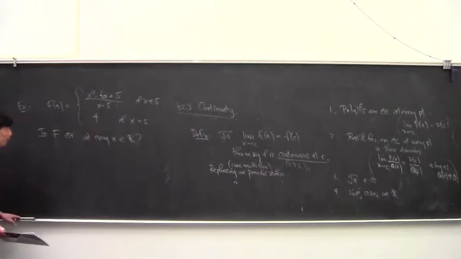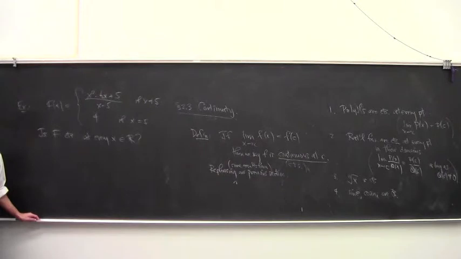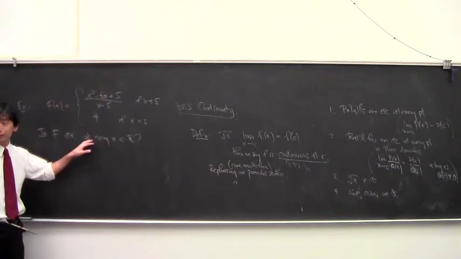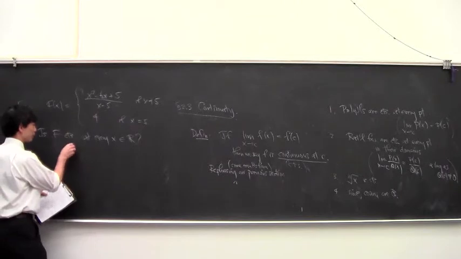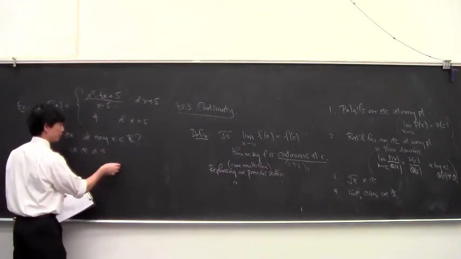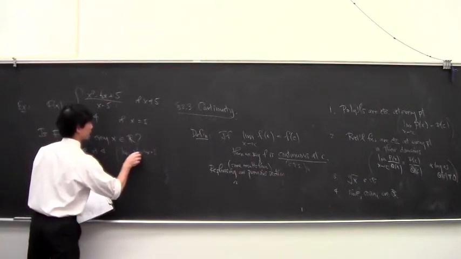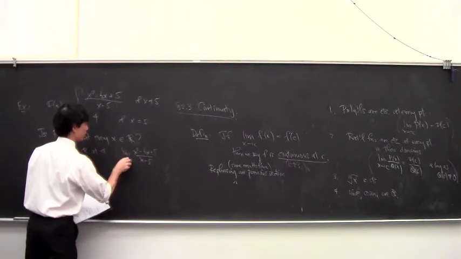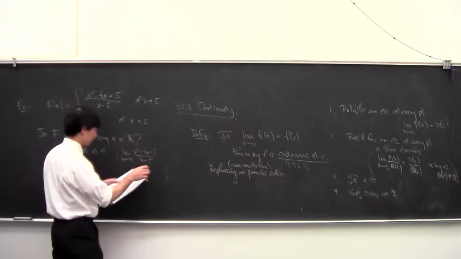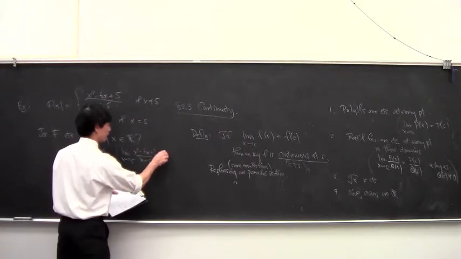Okay, so what are people saying? Victor? I say it's not continuous because the limit of the first function is not 4. So it's discontinuous just at x equals 5, because the limit as x approaches 5 is not 4.